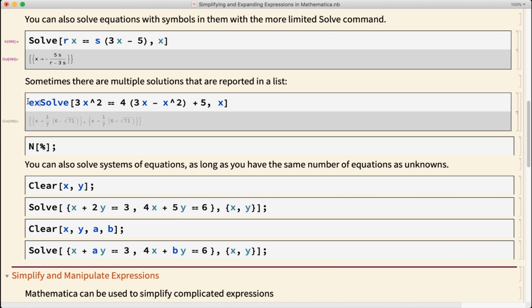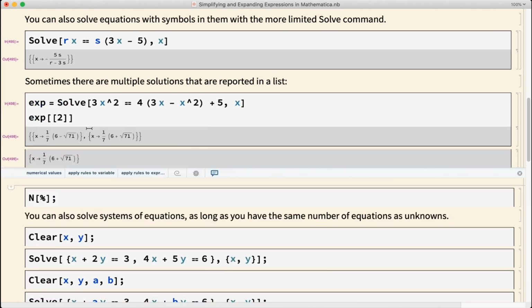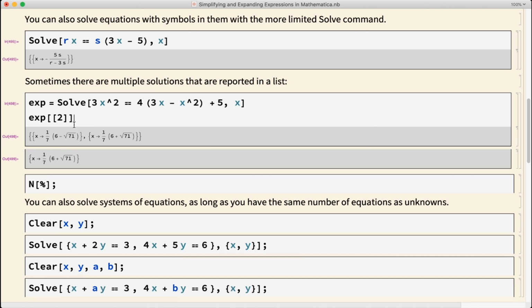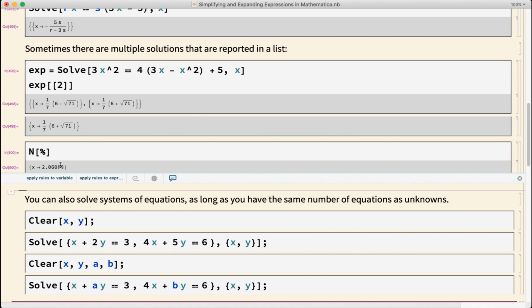Yeah, here it's just giving you the second solution. This is called double nested format. It's kind of a pain, but I show you how to deal with it in some of these other notebooks.